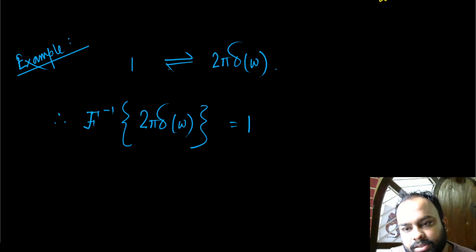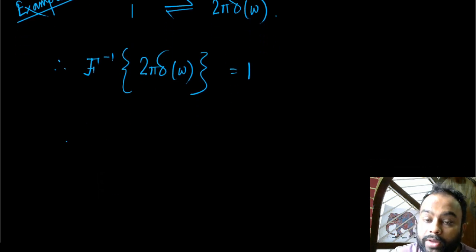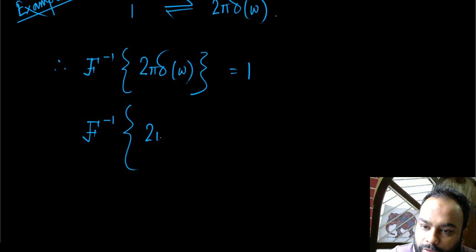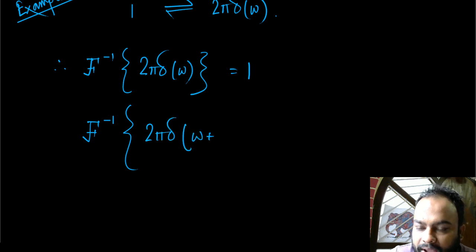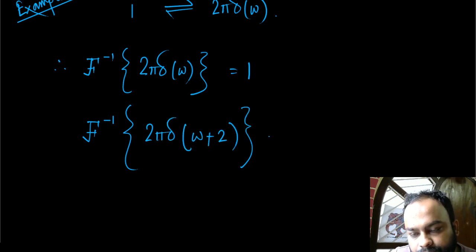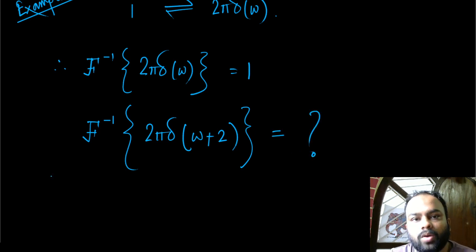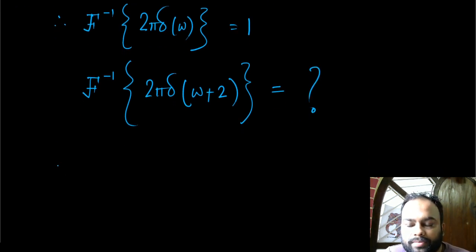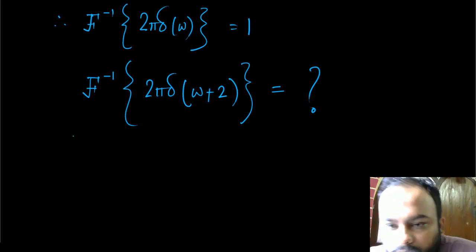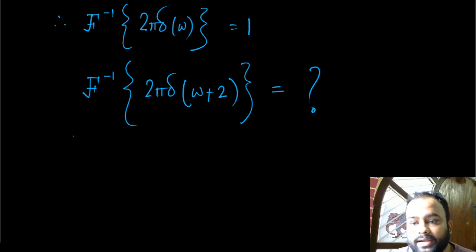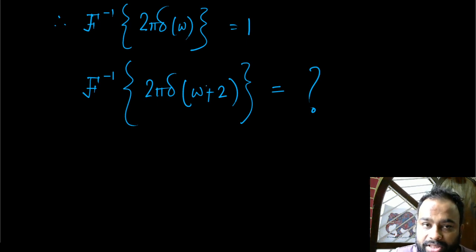Fourier transform of 1 is 2 pi delta omega, so the inverse Fourier transform of 2 pi delta omega is 1. So my question is, what is the inverse Fourier transform of 2 pi delta of omega plus 2, say? Now we have a frequency shift, right?